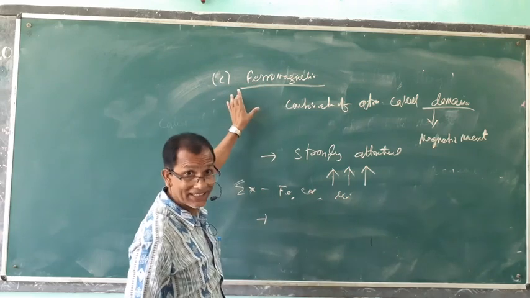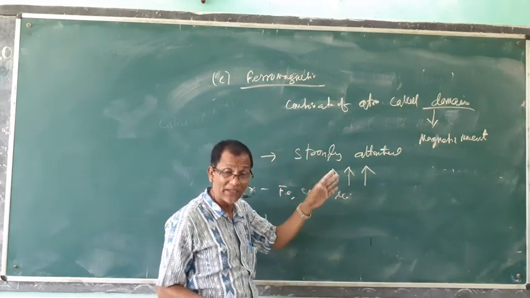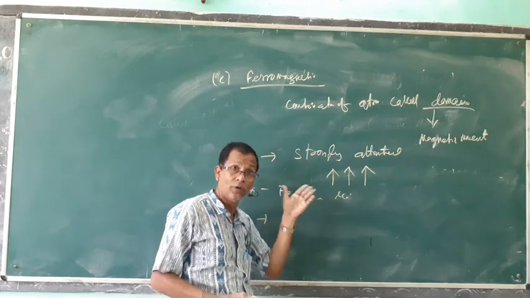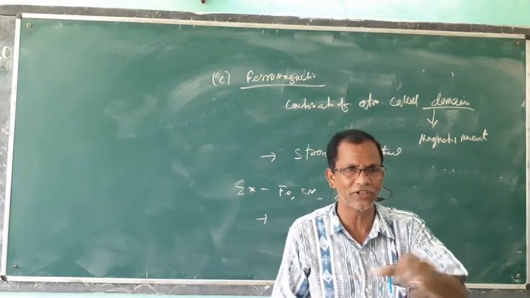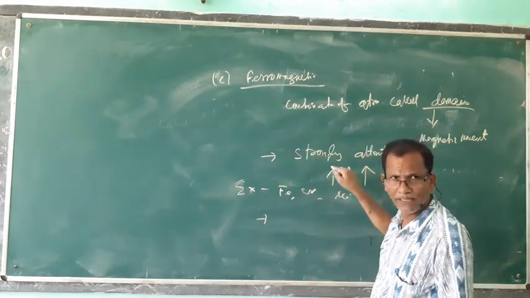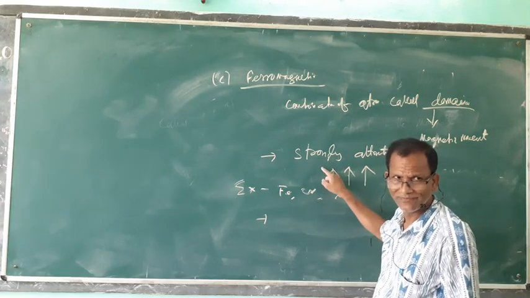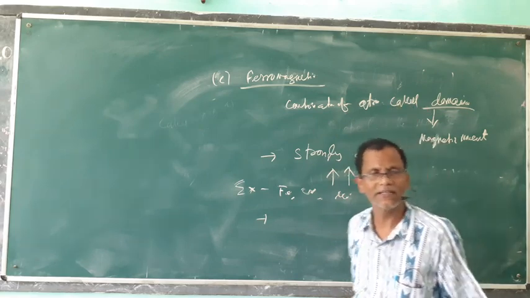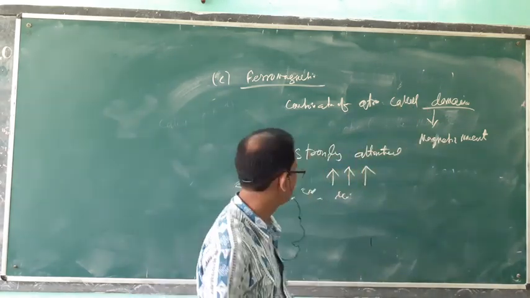But in paramagnetic substances, when the external magnetic field is removed, suddenly they will lose their magnetic moment. This is the difference between ferromagnetic and paramagnetic. Ferromagnetic will not lose its behavior, but paramagnetic will lose its behavior in the absence of a magnetic field.